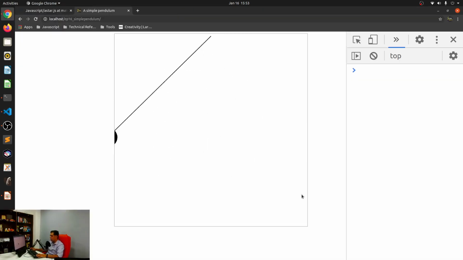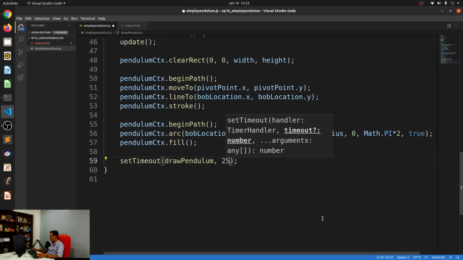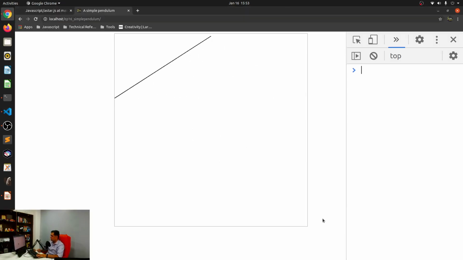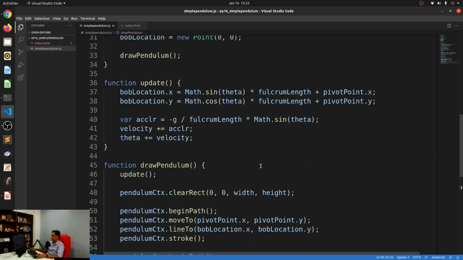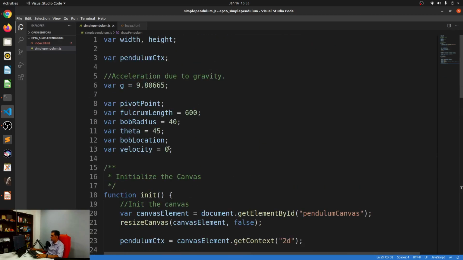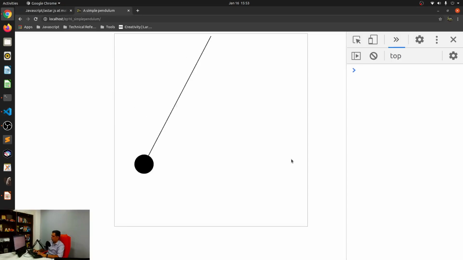See if that makes sense. Oh no. So this is still 40 frames per second, I guess. All right. So there you go. That's actually how a simple harmonic pendulum can work. I'm going to say fulcrum length is once again 40 so that you can see it.